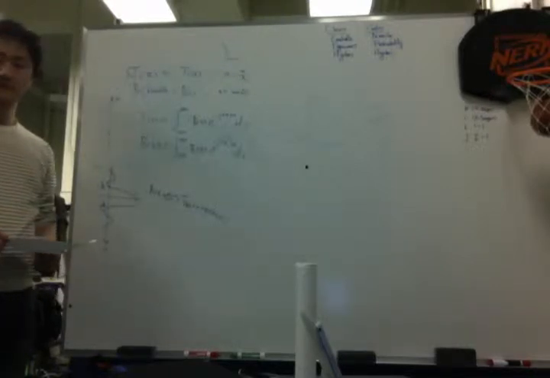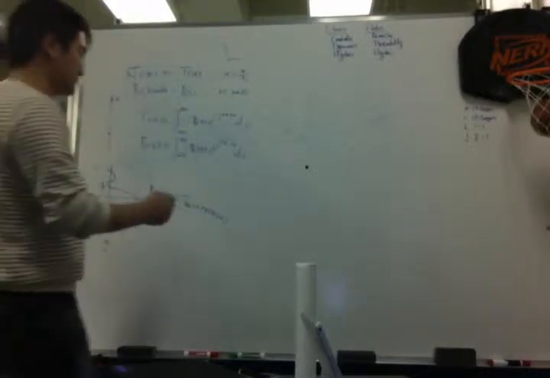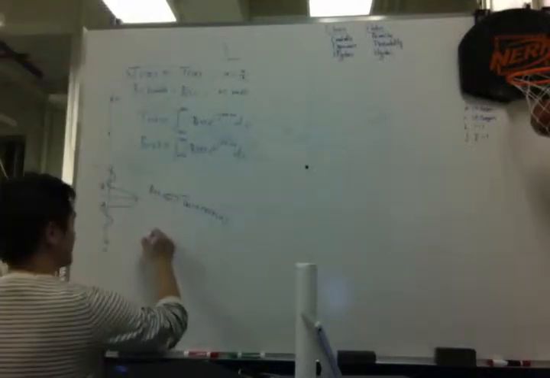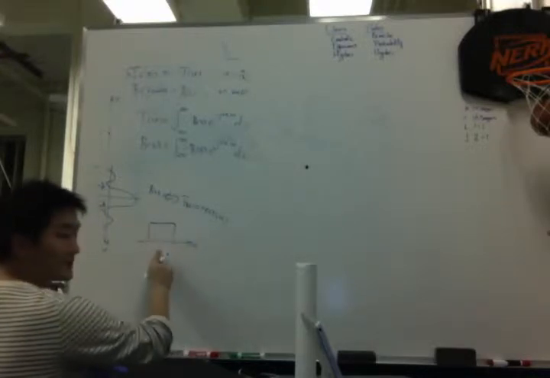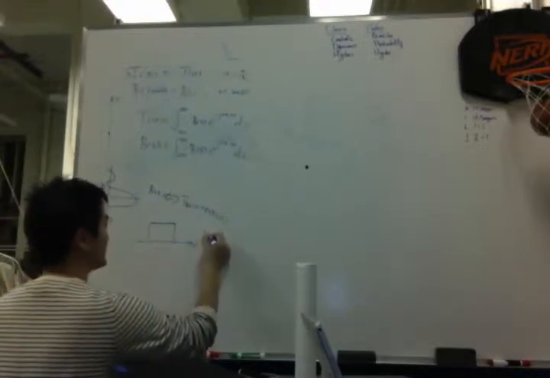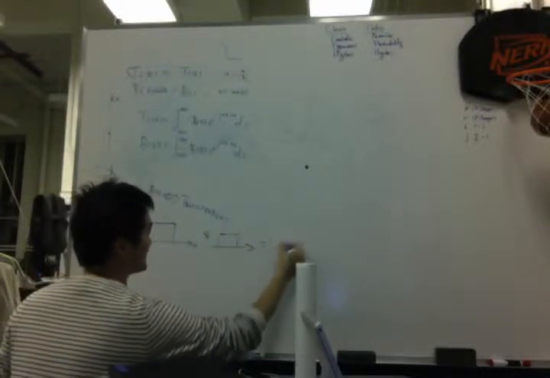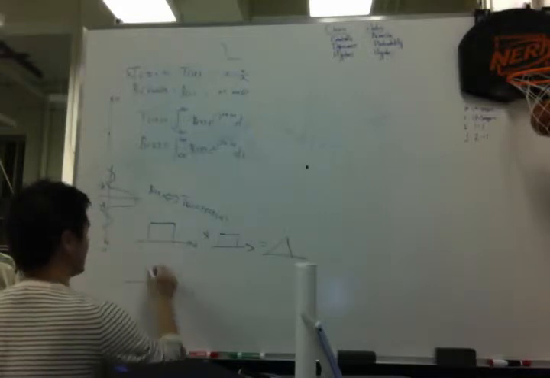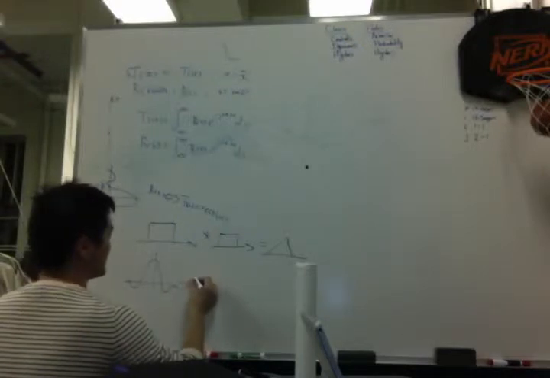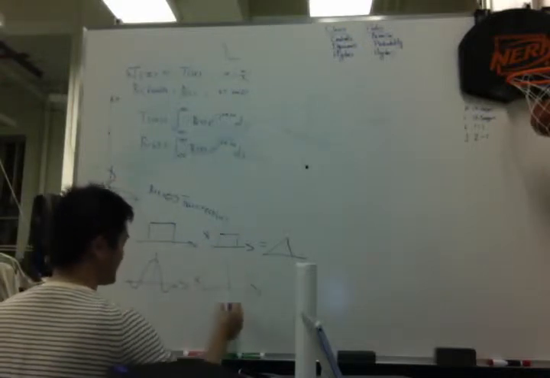And that's how you get to the sinc squared because of the property you mentioned. One of the properties is that a rectangular convolved with a rectangular will give you a triangular. In terms of its beam pattern, it will be multiplied, because the Fourier transform of a convolution becomes multiplication.